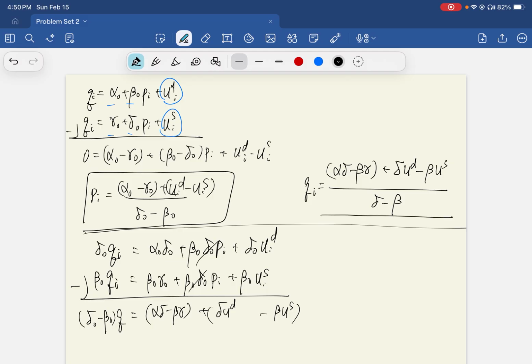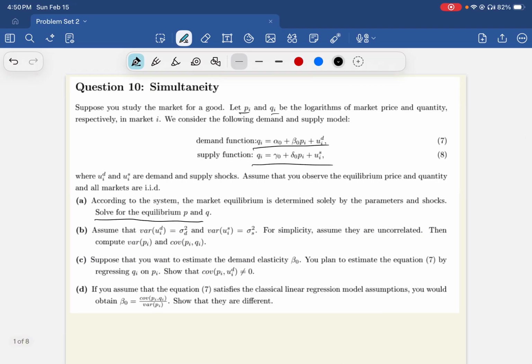Quantity is also determined by the parameters and unobserved shocks. Okay, that is number one: parameters and shocks. Assume the variances, and I will assume the demand and supply shocks are uncorrelated. Of course, they should be correlated, but for simplicity, I will ignore that.